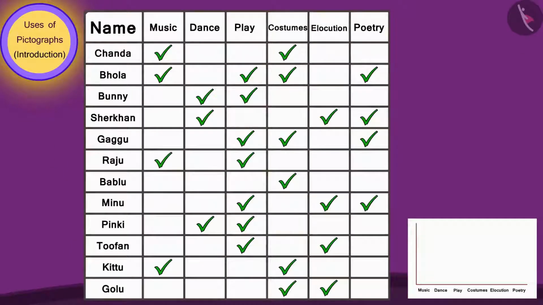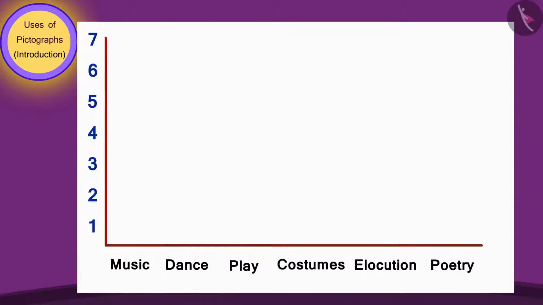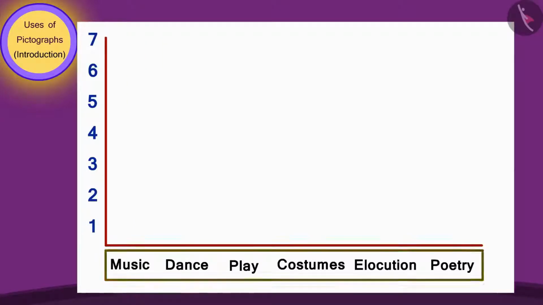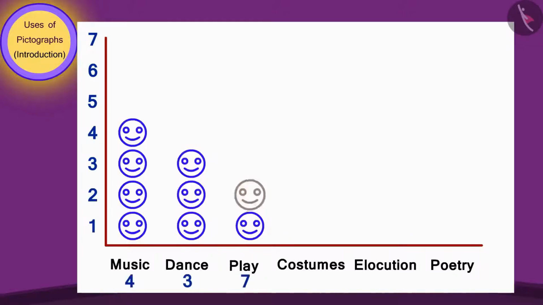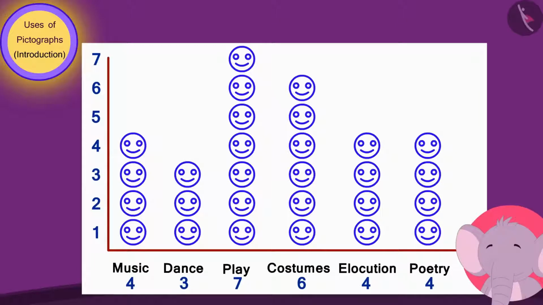Now, Appu once again looked at Babban's table and made some symbols of faces on top of the names of each program and told Babban, "Look, Babban, you can find out how many children have participated in each program with the help of this pictograph."